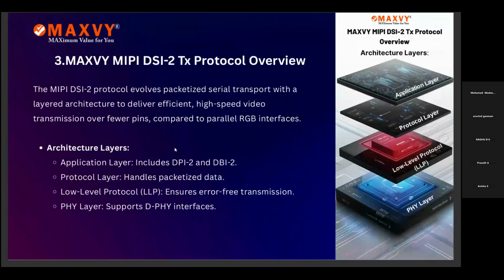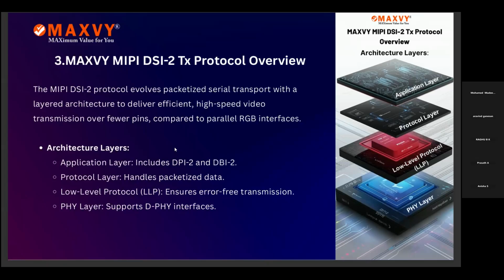Then let's go to the protocol overview. The MIPI DSI-2 protocol uses a layered architecture for efficient high-speed communication. The architecture includes 4 layers basically. The first one is the application layer, which includes display interfaces like DPI-2 and DBI-2, which are the pixel and byte interfaces basically. The next one is the protocol layer, which is responsible for packetized data formatting.